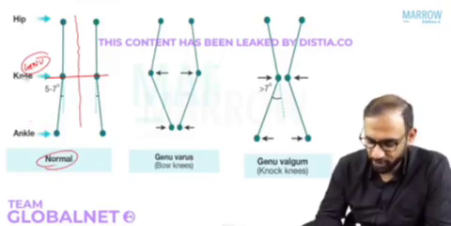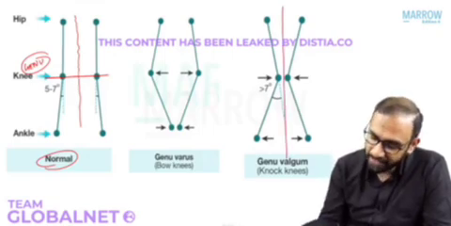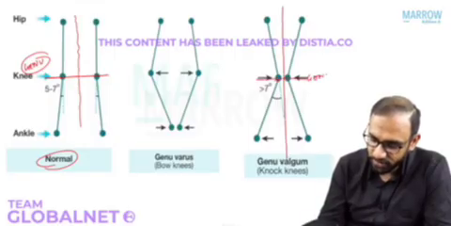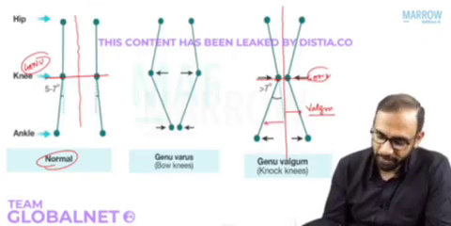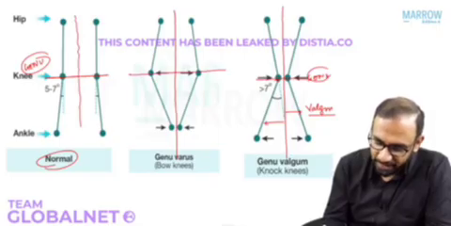So let me just not show it over here. Let me show it over here. So this is the midline, and if the part distal to the knee, that is distal to the genu, goes away from the midline, what do you call it? Valgus.